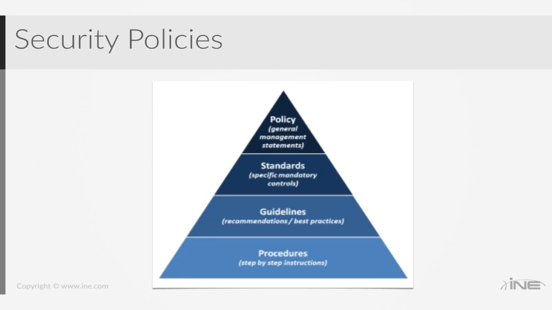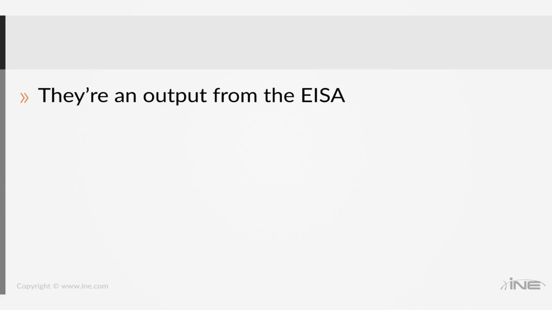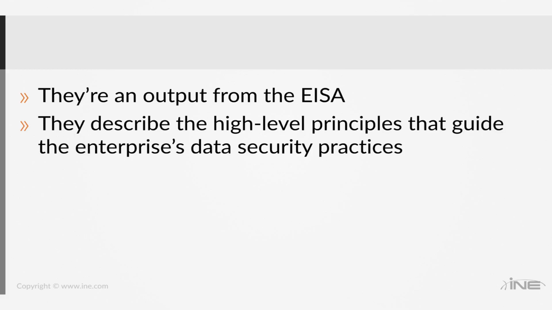A security policy is a general management statement, and from it, other more specific documents derive. But they are important because they provide the identity of the security methodology that management wants to implement in the company. So they are an output from the general enterprise information security architecture.